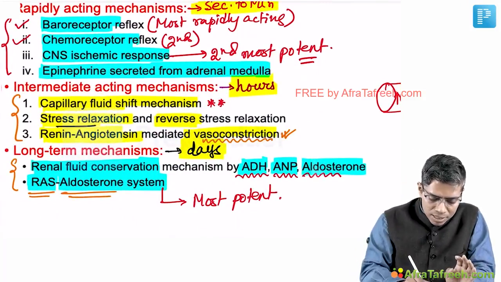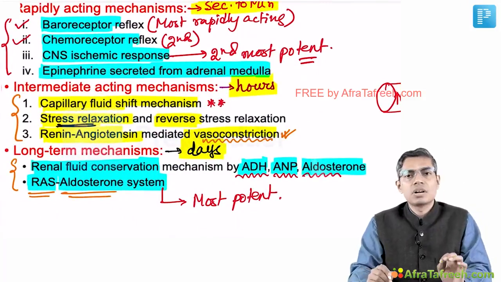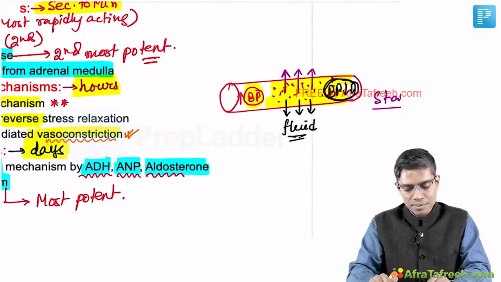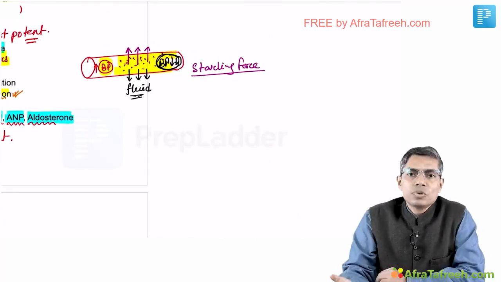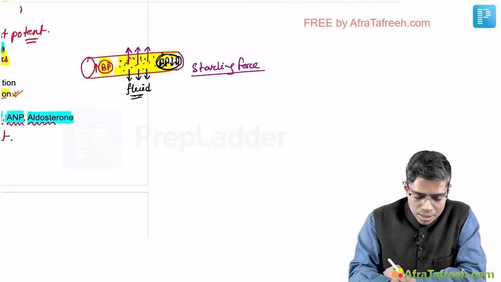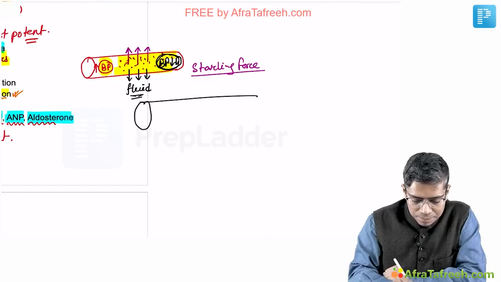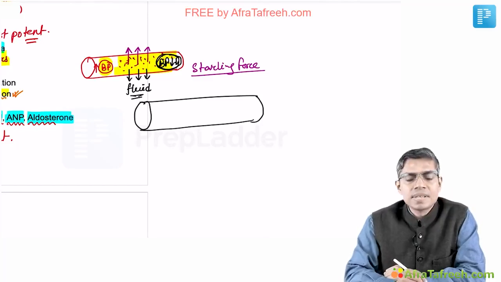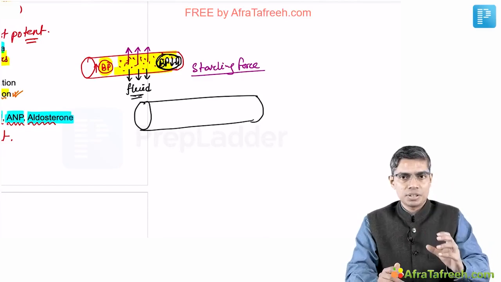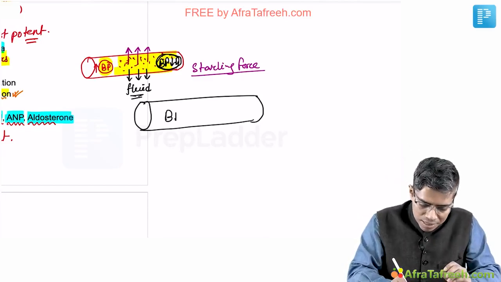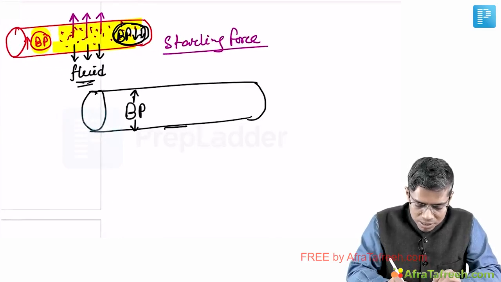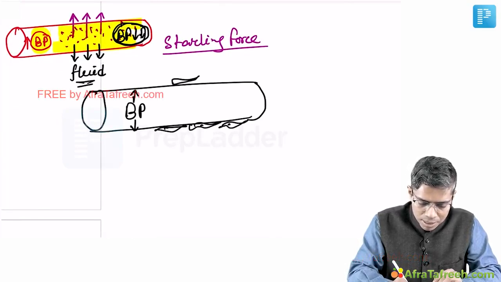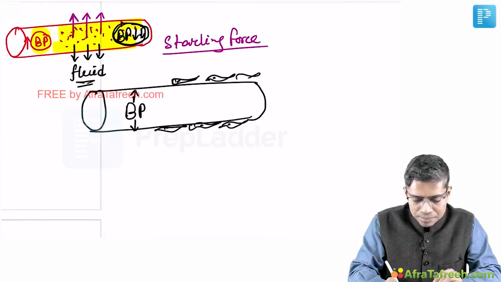Now second, you look at stress relaxation of the vessel. Stress relaxation of the vessel is basically a property of the smooth muscle which is present in the vessel, right? So suppose this is a blood vessel, and it is under high pressure, meaning the blood pressure inside this vessel wall is very high. So I can understand that the smooth muscles present in this vessel wall are under high tension, right?